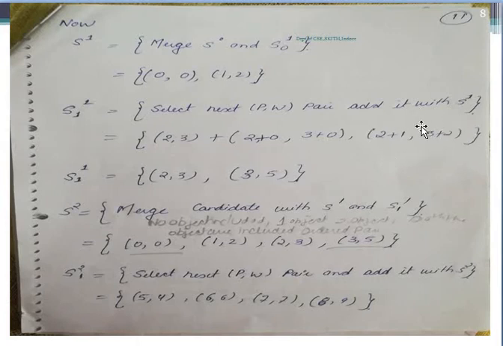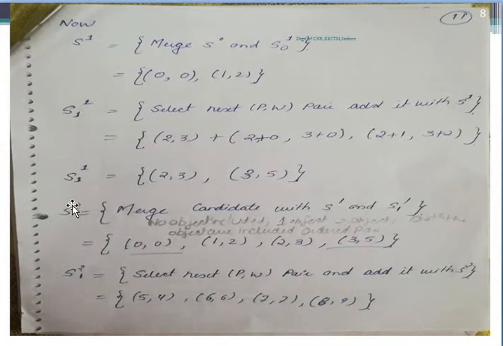After having these two objects, the weight is 5 and the profit value is 3. So we are merging the candidate with S1 and S11. The objective is that we have to place the objects that have less weight and get the maximum profit.